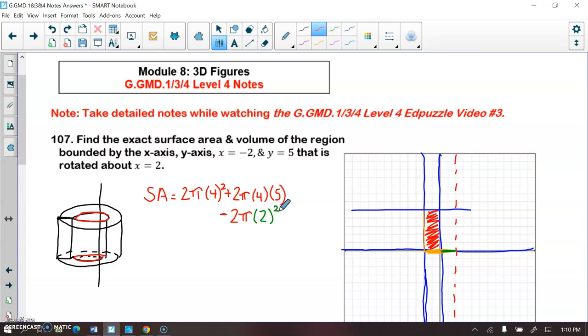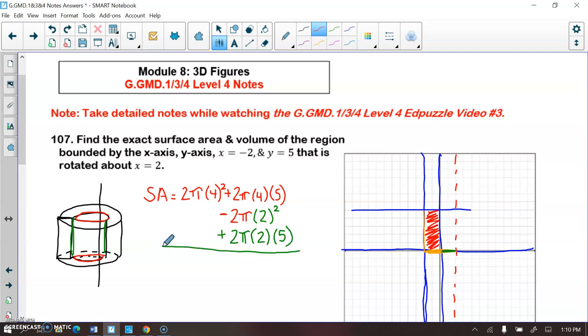And then I need to add on the lateral area of this smaller cylinder. So that's going to be plus 2 pi, the radius of that smaller cylinder is 2, times the height of that cylinder, which is 5.